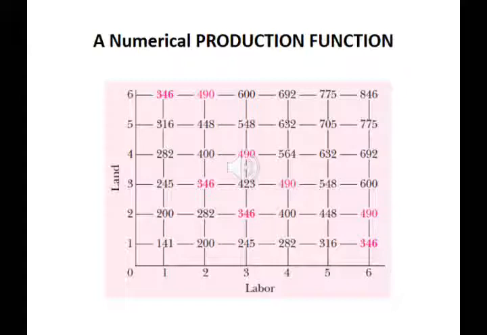This was going to produce 346 as total product. We could also produce the same level of output using 2 units of labor and 3 acres of land. We could also produce the same level of output using 3 units of labor and 2 acres of land, and finally using 6 units of labor and 1 acre of land.